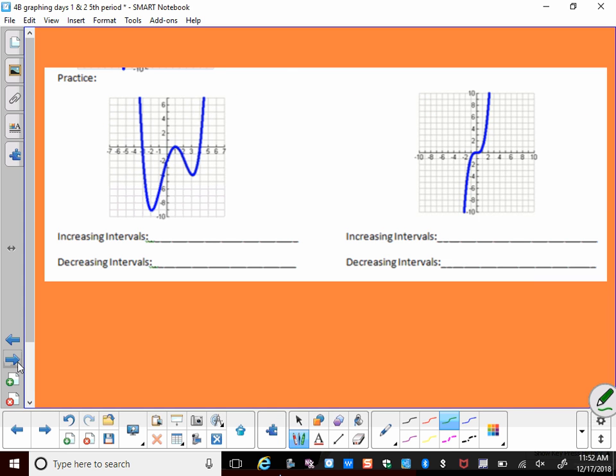Let's look at this practice. First, I'm going to put a dot wherever I change direction. All right, give me a second. I want you guys to go ahead and put points and draw dotted lines where I change direction.